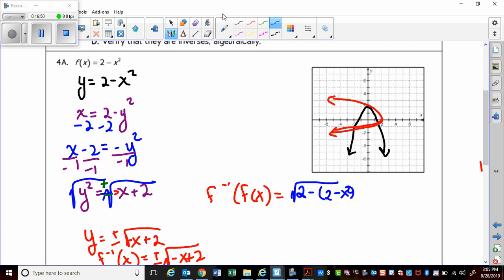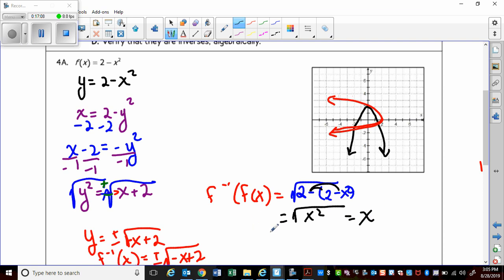Oops, squared. Only the x is squared. Okay, so I need to simplify this. This is 2 minus 2, which is 0. So I get the square root of, remember I have to distribute this negative sign, the square root of x squared, which is just x.